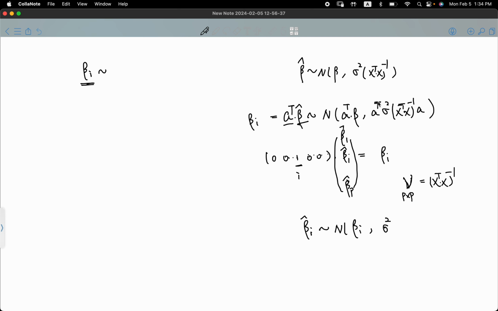And after we take the product of vector A, multiplied by sigma V and A, this is essentially the matrix V and then the ith element.